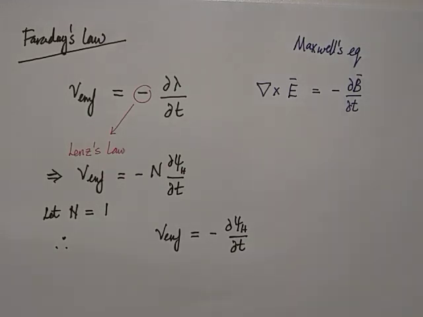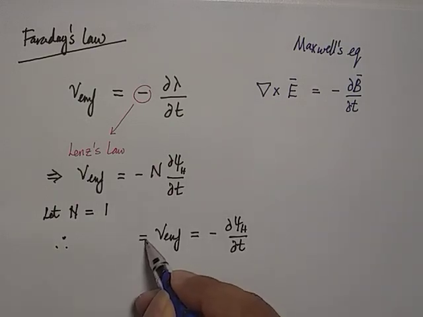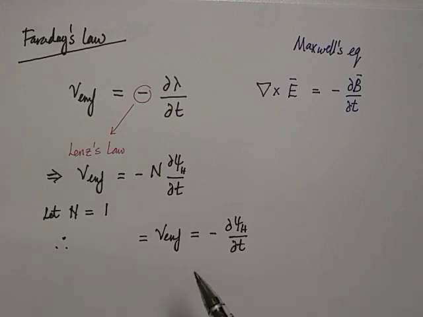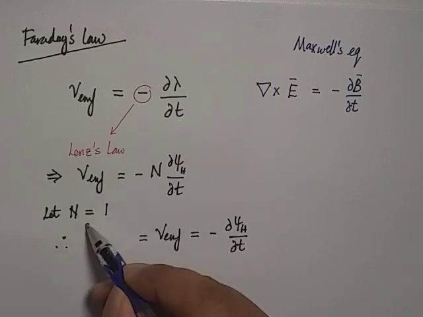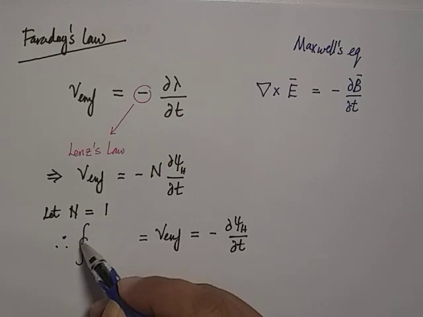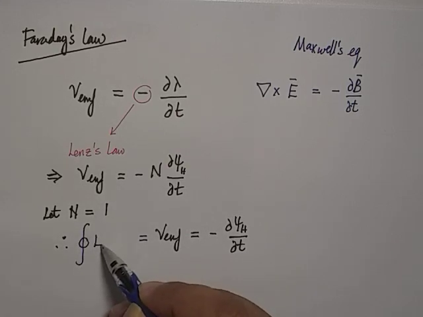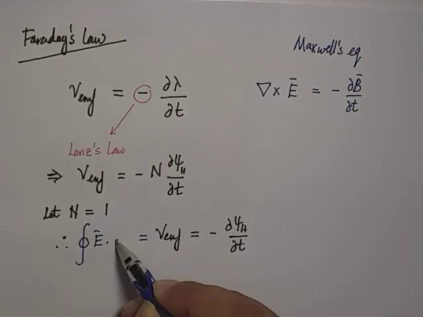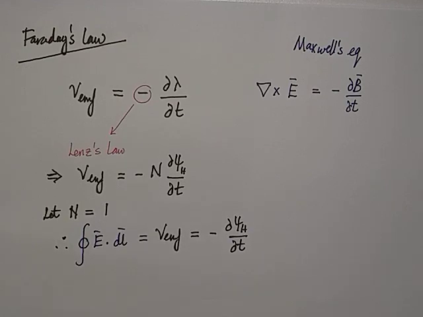So what happens then? When we talk about VEMF, as shown in my previous video lecture, we can denote it to be equal to the closed loop integration of E dot dl. So VEMF can also be written as the equation on the left-hand side.